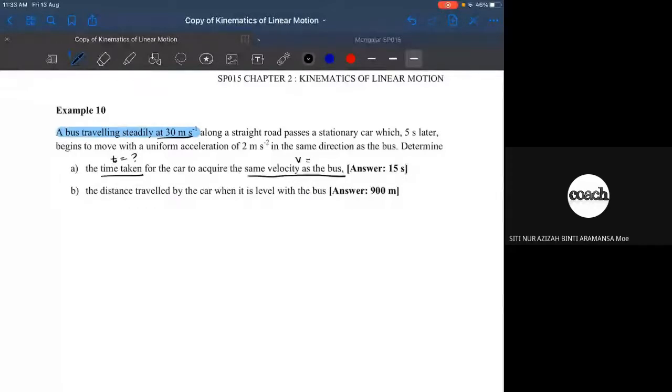Maksudnya kereta ni pun nak capai velocity 30 ms negative 1. Sekarang ni dia nak time taken. Apa yang kita tahu pasal car ni? Kita nak time, dan kita tahu dia nak capai final speed 30 ms negative 1.